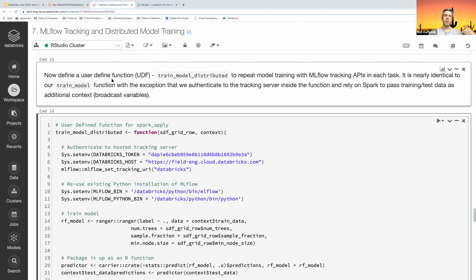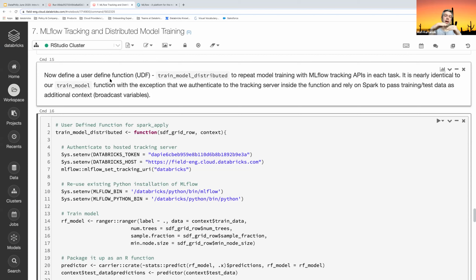Like we saw before, in the previous notebook, we did it manually where I typed in 3 different sets of parameters. We can use Spark, and take a Spark data frame where each row is a set of parameters for training.